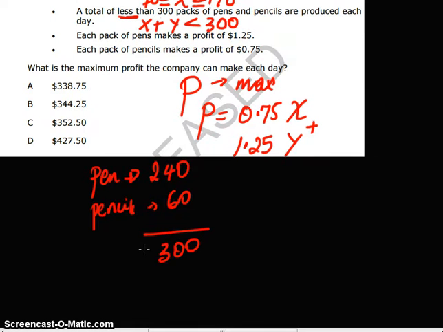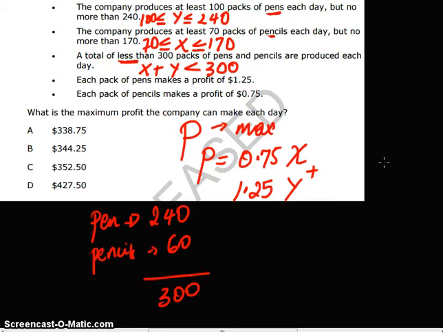Less than 300. So if we sell 240, then we have to sell what? 60. But it says something about the pencils. It says the least amount of pencils that we can sell is 70.